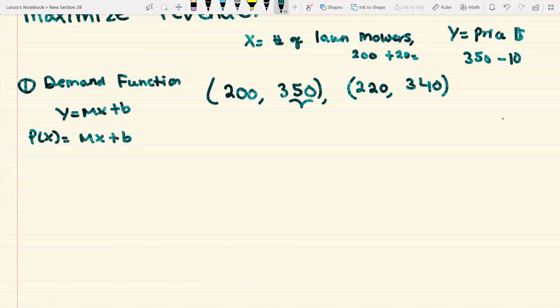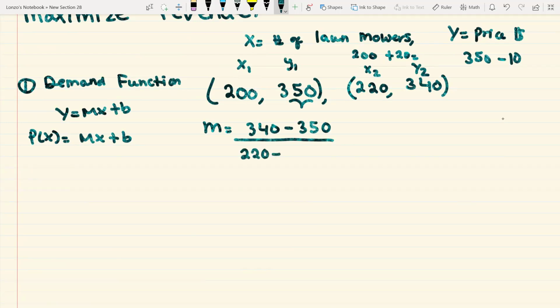Now let's find our m and let's find our b. I'm going to first label this one x1, y1, and then label the other point x2, y2, right? So my m is going to be y2 minus y1, so that's 340 minus 350, over x2 minus x1, which is 220 minus 200.